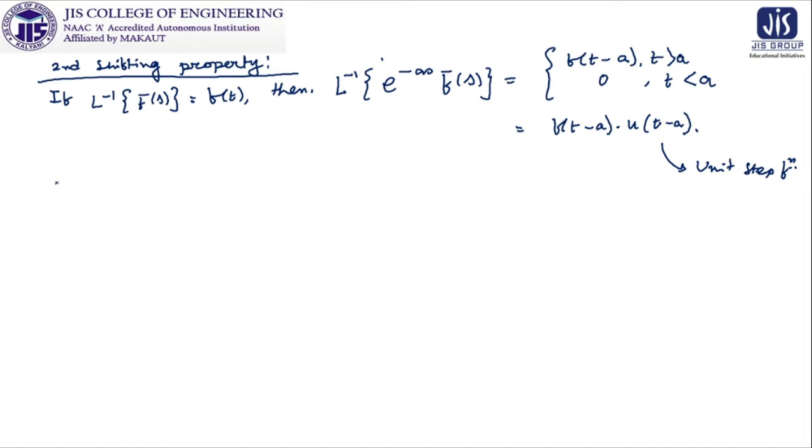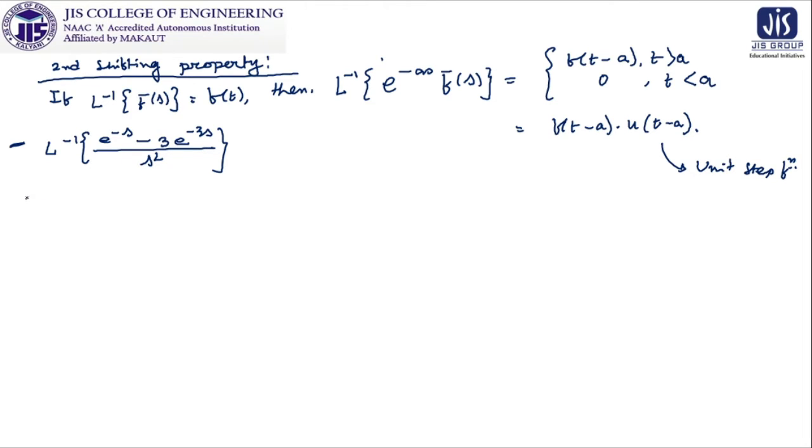Now we are going to see a small problem where we can see the application of the second shifting property. Suppose we have to evaluate the Laplace inversion of e to the power minus s minus 3 e to the power minus 3s by s square.